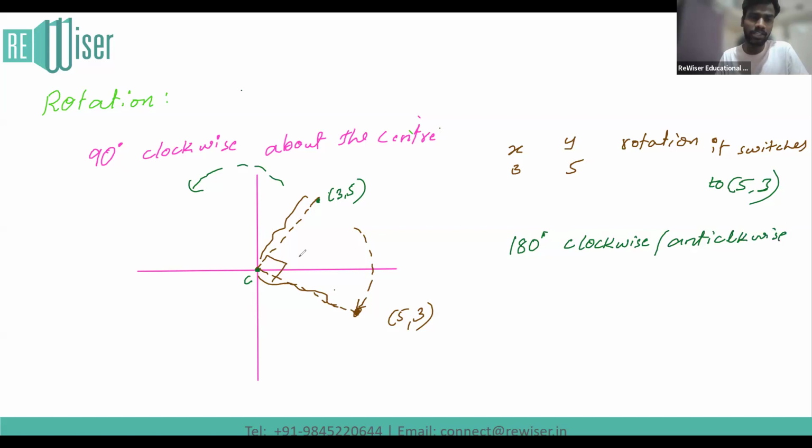It has to be a straight line, so it will be the other way around. However many units we have, you need to count it. It doesn't switch. It remains as it is. So this is going to be -3 and 5. So just the quadrant changes. The remaining thing would be the same.